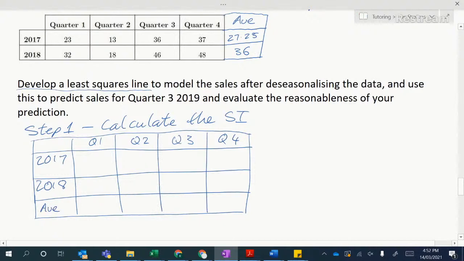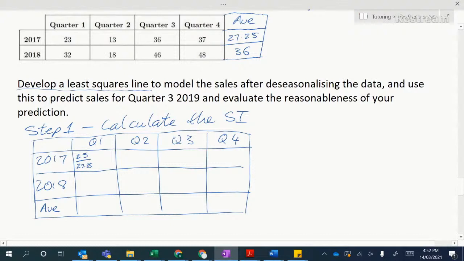And you're going to need an average row as well, because you're going to need an average for each quarter. Now, to get the seasonal index for our first quarter of 2017 here, you need to divide by the average, like so.